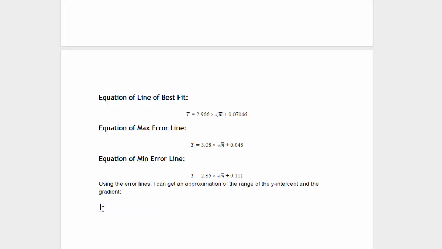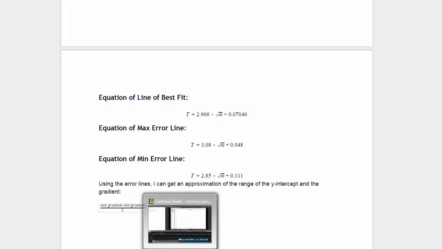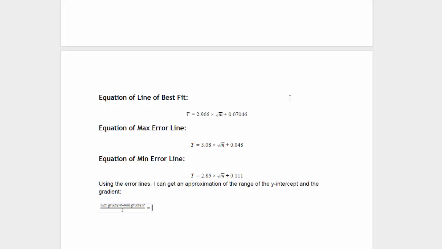So let me just put that over one of those. Over 2 equals, and the gradient we can say is delta gradient. The uncertainty in the gradient. Okay. Maybe we can just add another equal sign there.